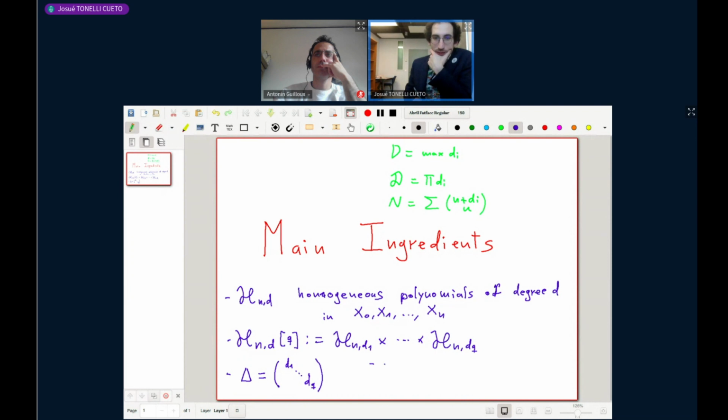Then I will use this here, which will be the k-th derivative tensor.